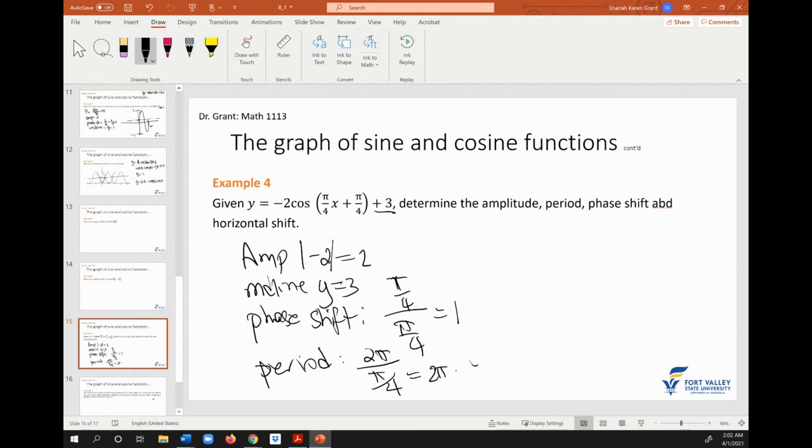Keep, change, flip. Pi's cancel, so my period is 8. All right, and so with that being said, since I have a number, I can just put that on my axis.